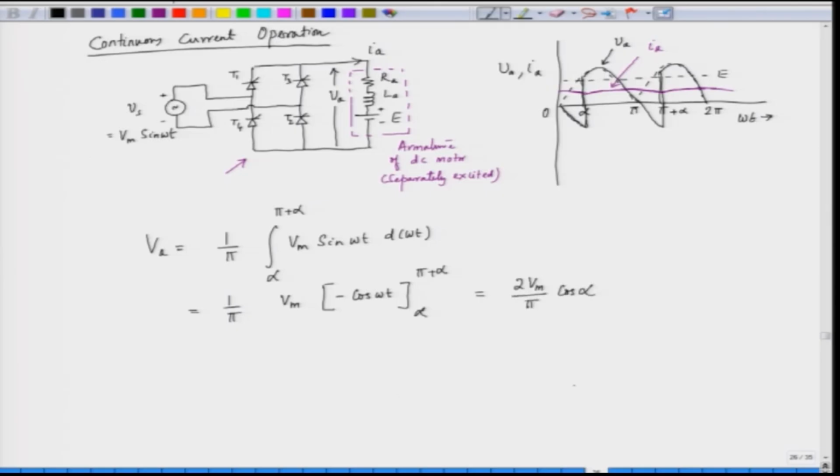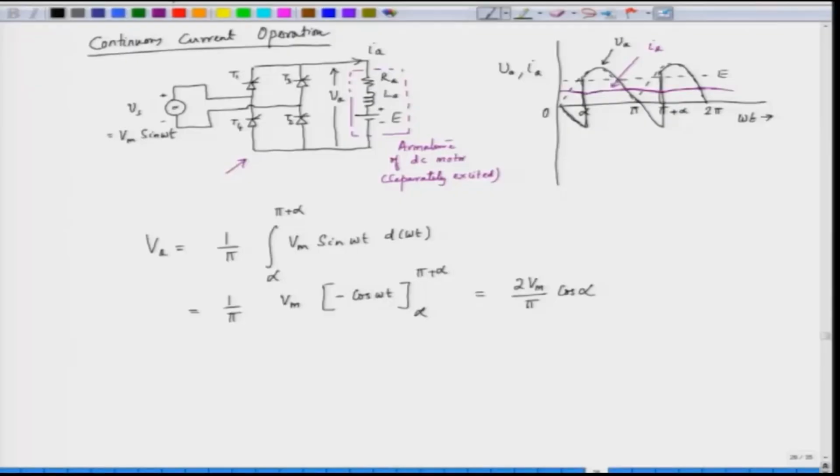So, this is the average output voltage of the bridge, which is the armature voltage of the DC motor. Now, if we apply this armature voltage, 2 V m by pi cos alpha, what will be the torque speed characteristic? 2 V m by pi cos alpha is equal to the resistance drop R A I A plus the back EMF E, and from this we can get the speed.